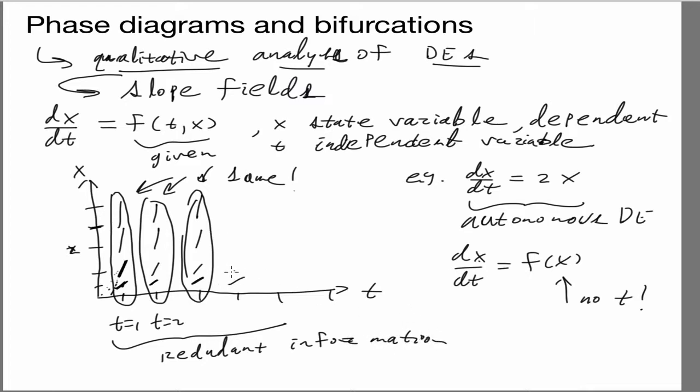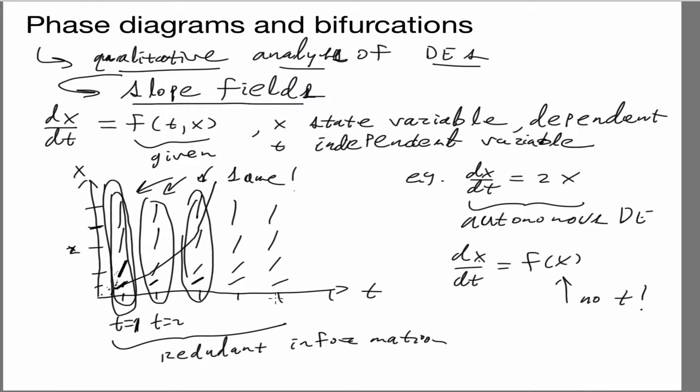We still like to draw these slope fields as two-dimensional graphs because as time goes forward, we can trace a solution through the tx plane. So the slope field definitely has its use. But really, all the information of the slope field is contained in one column for one fixed value of t.